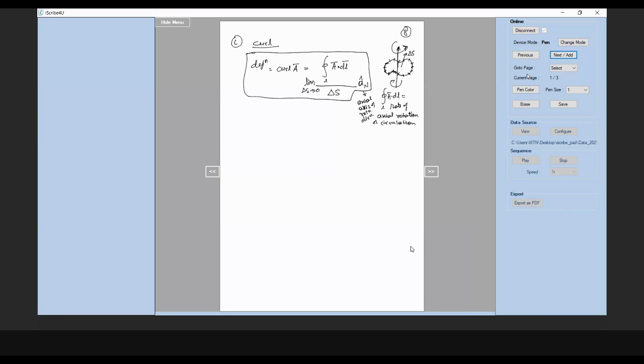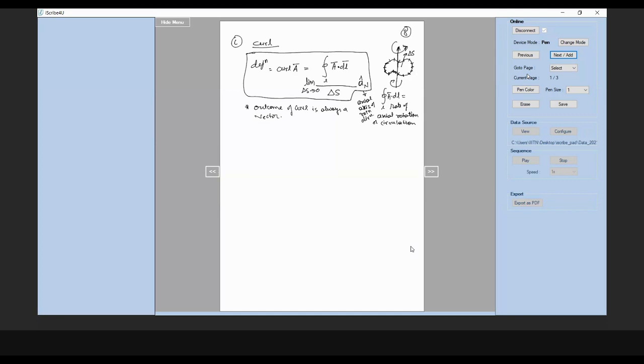So the first characteristic which we have seen is that the outcome of curl is always a vector. When you say vector, in which direction? Of course, normal to the surface in which rotation is taking place, so it will be in the direction of the axis.